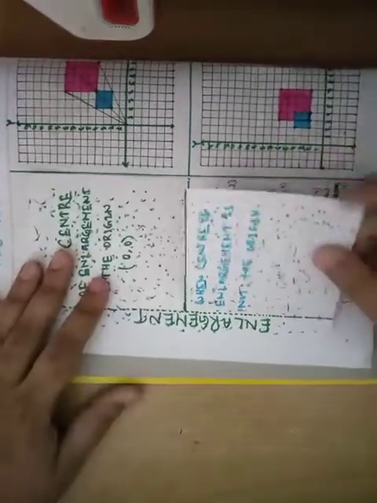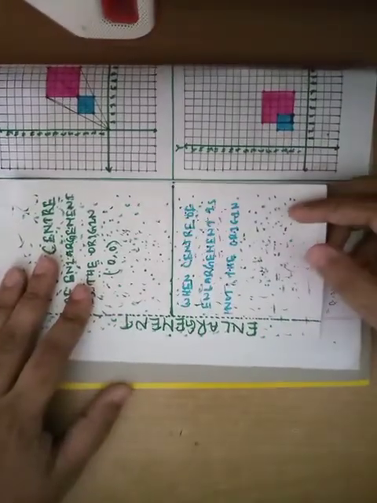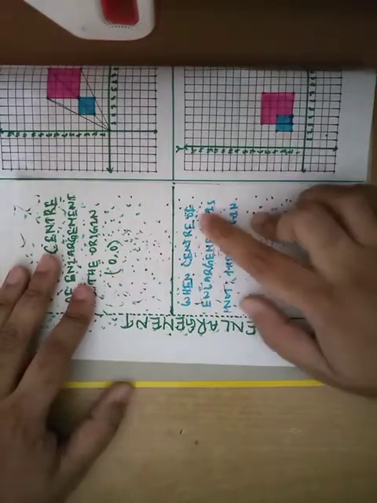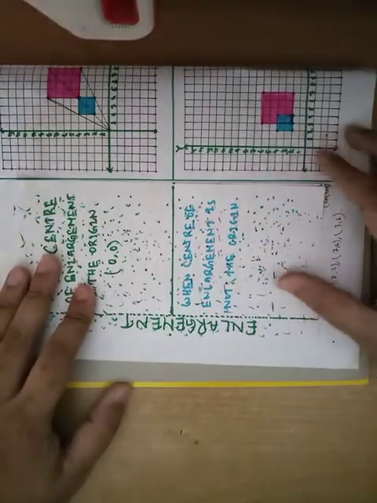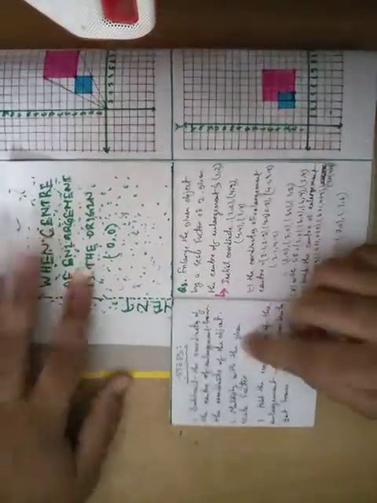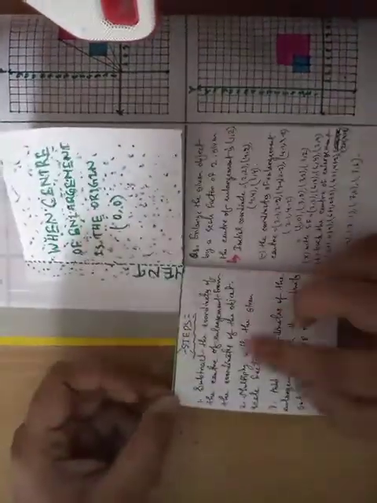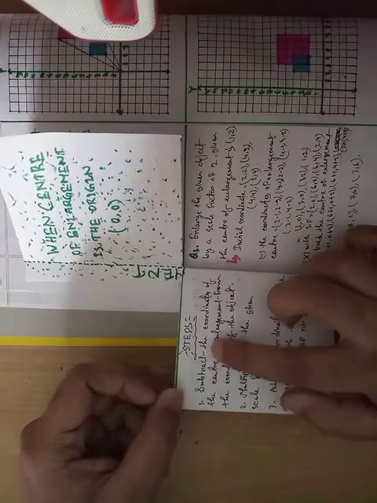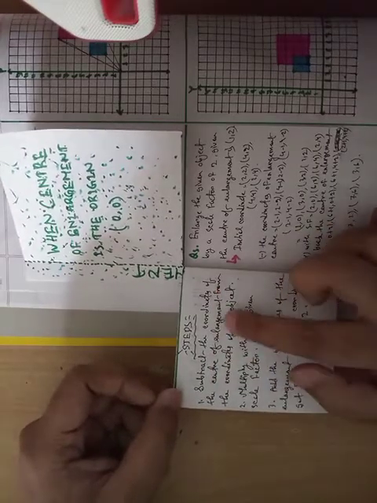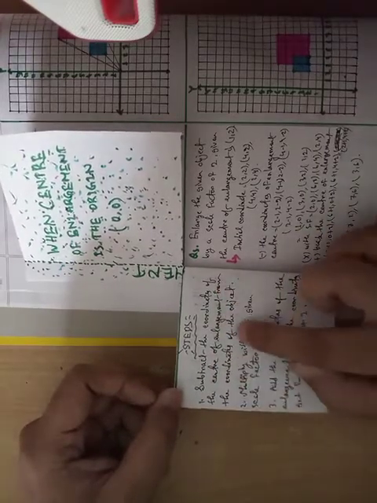Okay, now the steps that you have to write for this part, when the center of enlargement is not the origin. So when you flip it open, you have the steps written here. I'm going to read it out to you. Step number 1, subtract the coordinates of the center of enlargement from the coordinates of the object.